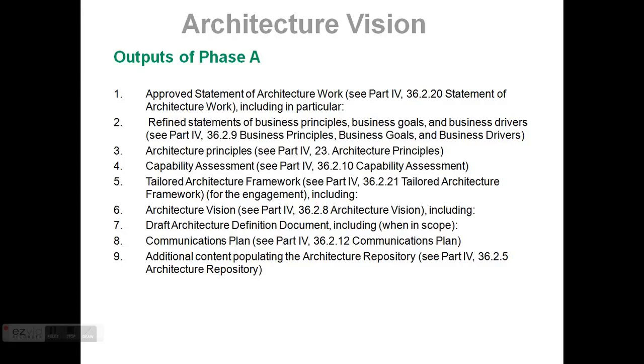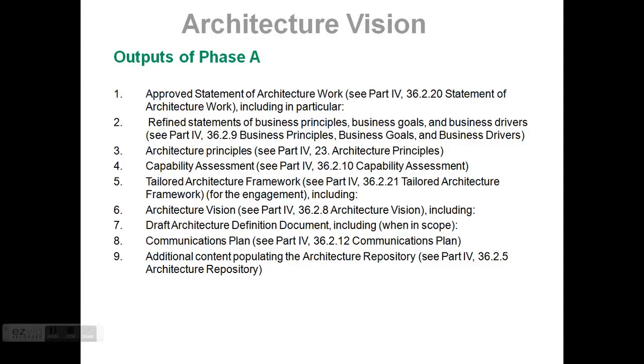We need an architectural vision document that includes problem description, objectives of the statement of architectural work, summary views, business scenarios, and refined key high-level stakeholder requirements.